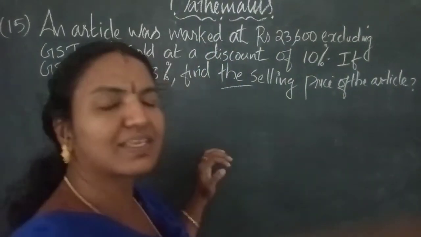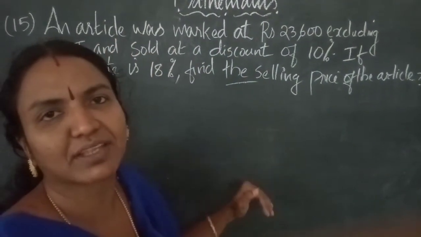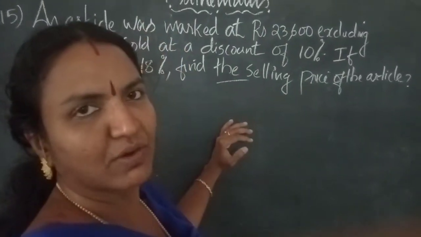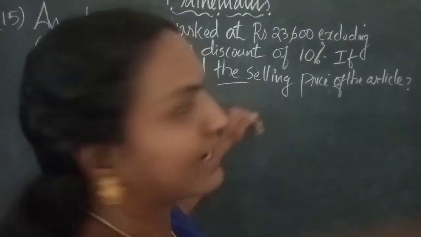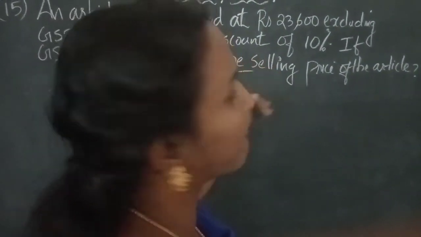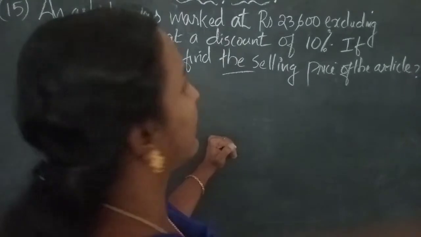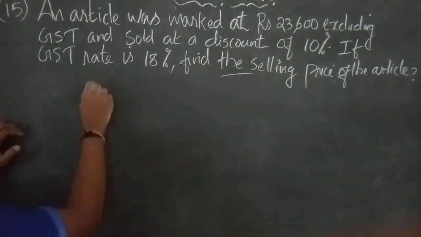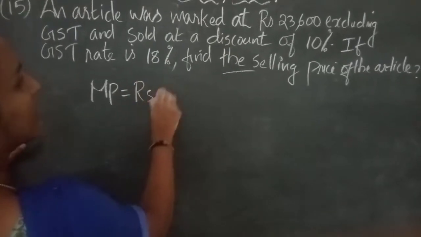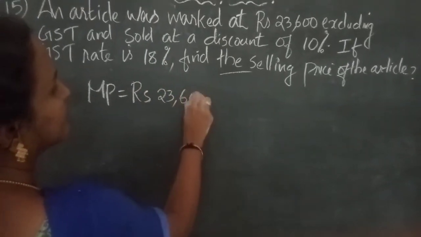So GST will be added after the discount. So first you have to find the discount. After that you have to find price after discount. Then mark price is equal to rupees 23,600.